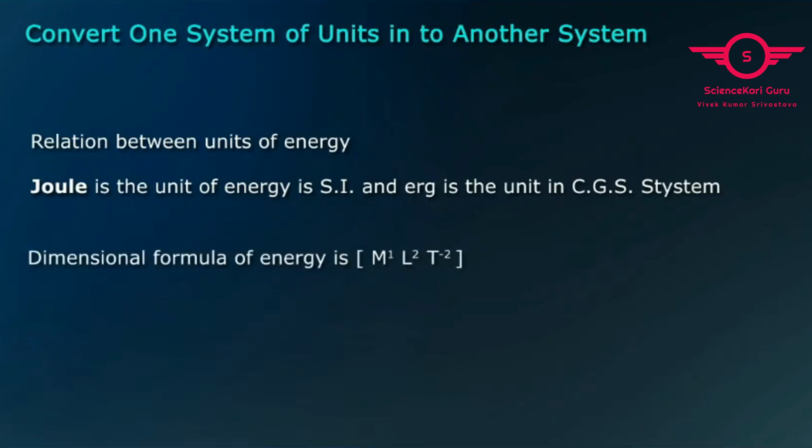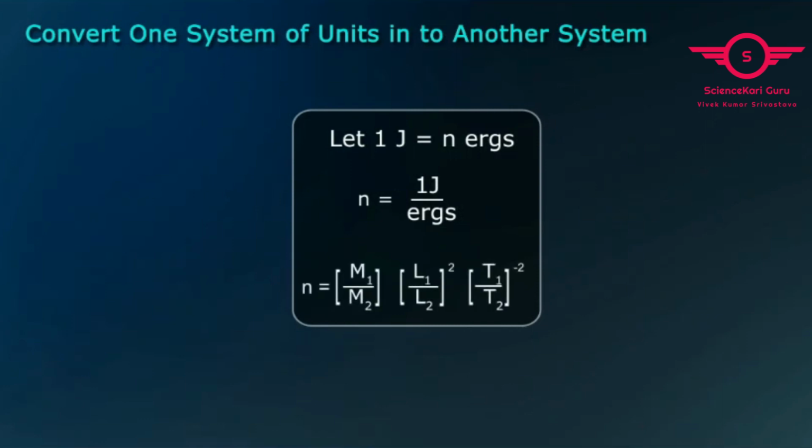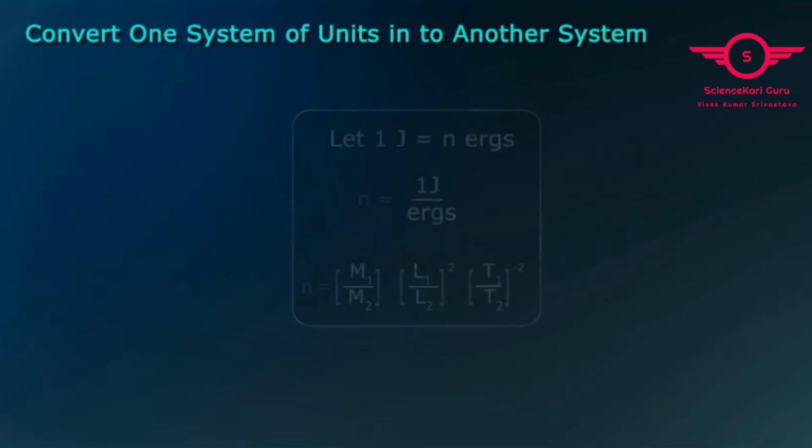Dimensional formula of energy is M power 1, L power 2, T power minus 2. Let 1 joule is equal to n erg. N is equal to 1 joule per erg. Therefore, N is equal to M1 by M2, L1 by L2 power 2, T1 by T2 power minus 2.